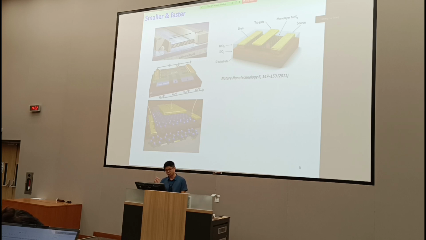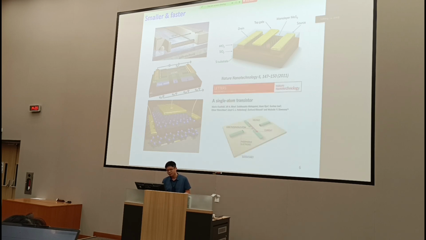For example, in this MS2, we have 3 layers of atoms, which is chalcogenide atoms surrounded by metal atoms, right? So they can stabilize in the single layer format. So you can make a transistor thickness down to the atomic limit. And second, in principle, you can make it flexible. You can also make flexible electronic devices, because of its softness.